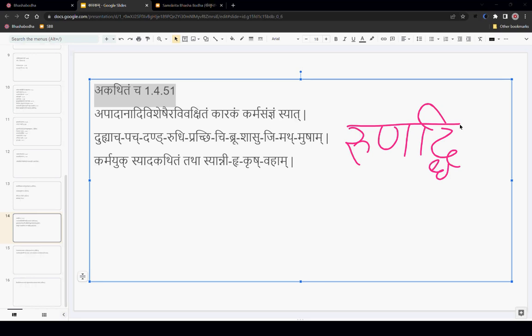Kartayati is like a Nijanta form. But anyway, we just simplify everything and use it. Kruntati, Chinatti, Bhinatti, Kranati, then Runadhi. Many kriyapadas are there which are common in use here. The first one is Rudha dhatu, Rudhadi gana.